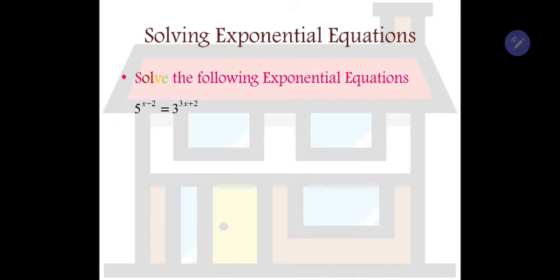Let's proceed to some more complex questions. Here we have 5^(x-2) = 3^(x+2). Certainly, I cannot write this 5 as 3 to the power of something.